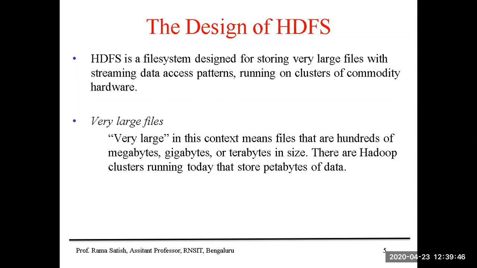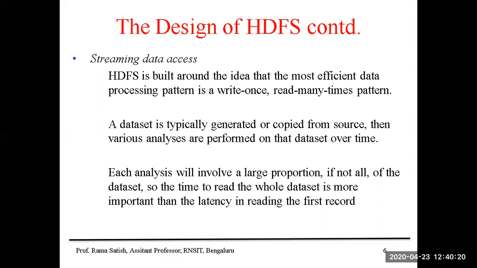Commodity hardware is the common hardware that is available, so you don't use any special hardware. HDFS is designed to handle very large files. Very large in this context means files that are hundreds of megabytes, gigabytes, or terabytes in size. There are Hadoop clusters running today that store even petabytes of data. So these are all huge volumes of data that we have.